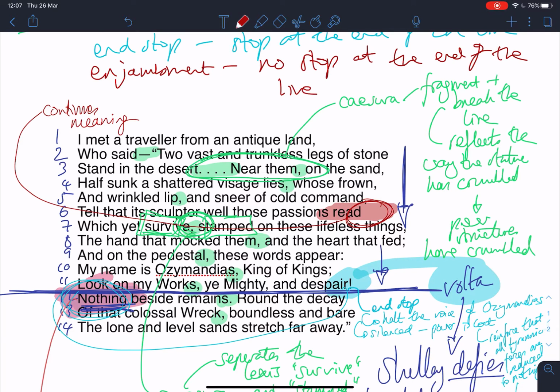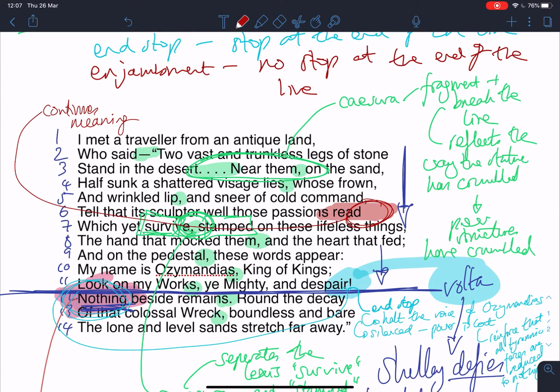That's really important to understand because end stop and caesura fragment, stop, halt or pause. They break things apart, they separate ideas. Enjambment continues meaning. So we need to work out what meaning is carrying on. It's the sculptor whose passions read which yet survive.